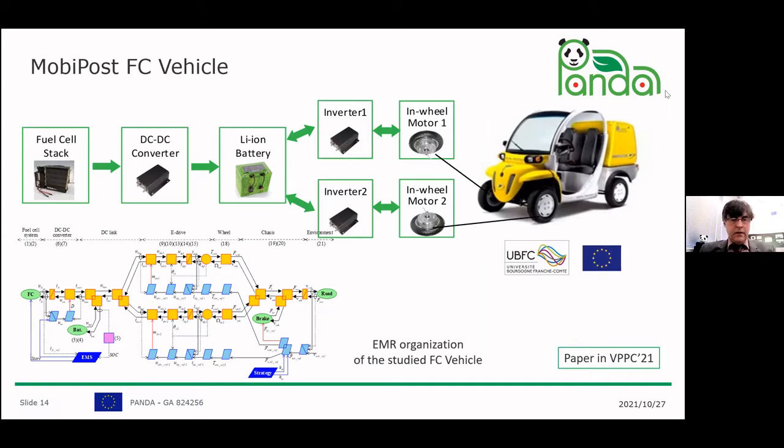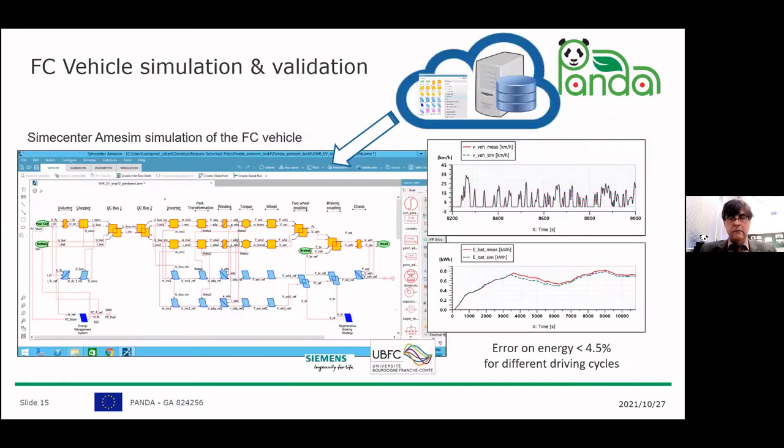The vehicle is composed of a fuel cell, a battery, and 2 in-wheel motors. You can see in the slide the EMR of this vehicle and its associated control in the blue part.